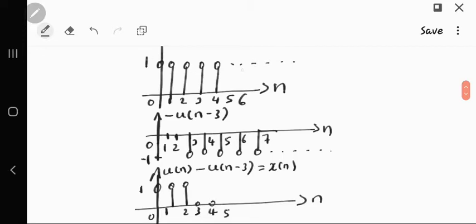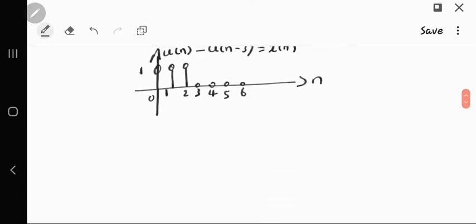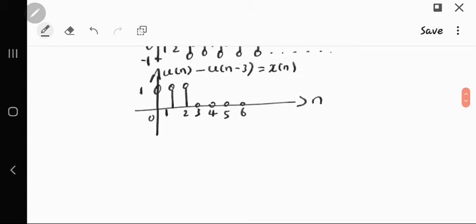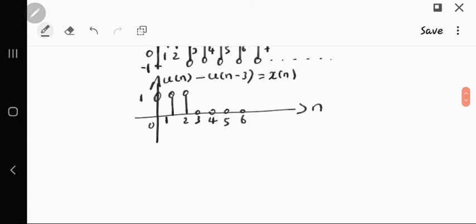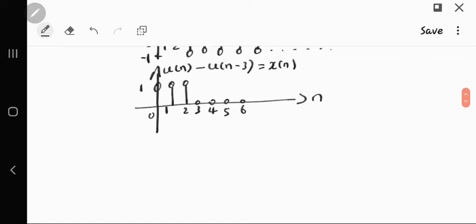At 5 the same, 0, and the signal will go on like this. So this is our x of n. Now we have to convolve these two. Just for simplicity, I will rewrite the same signal here.